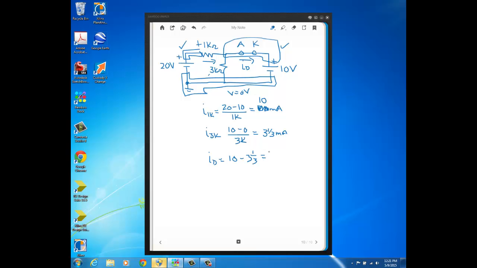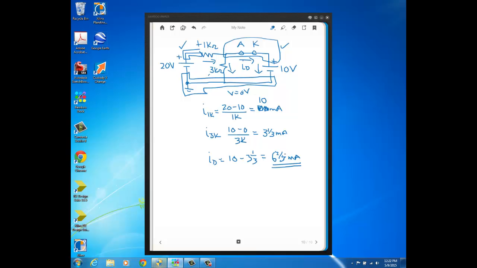Currents in equals currents out, so here's my current in, and I'm subtracting one of the currents out, so I get the other current out, which is the same as the diode current, again, since they're in series. So that's our answer: our forward bias diode current for this example is 6 2/3 milliamps.